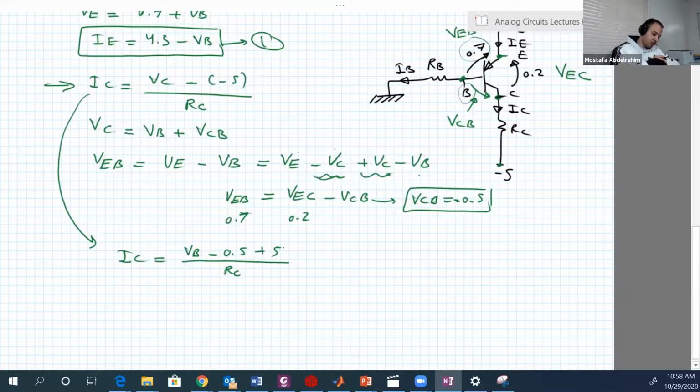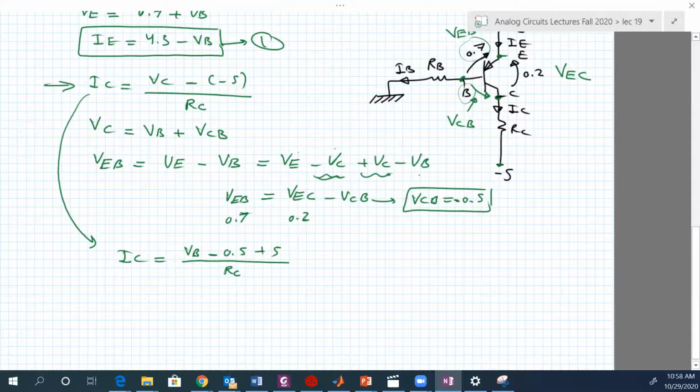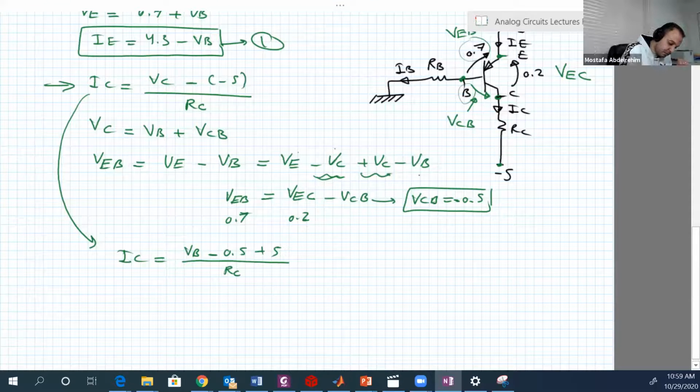This example is in the book, so I confirmed it with the book, but now I have a discrepancy between the result here and the result here, especially about VCB.